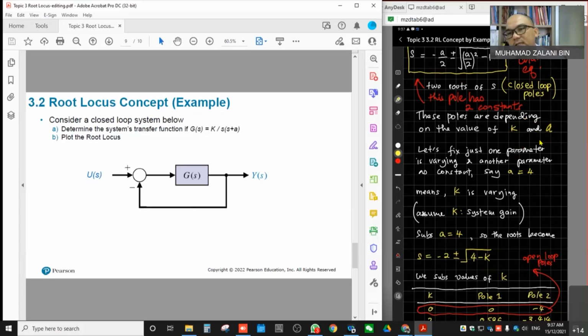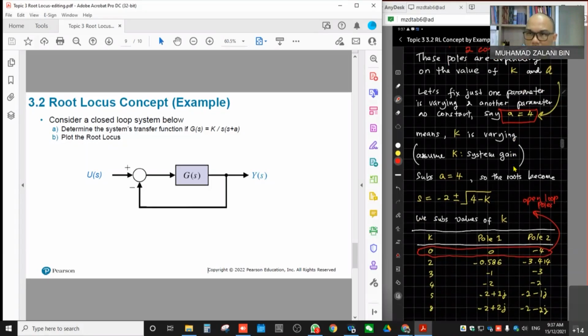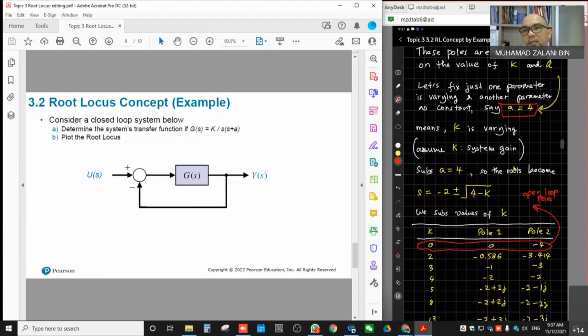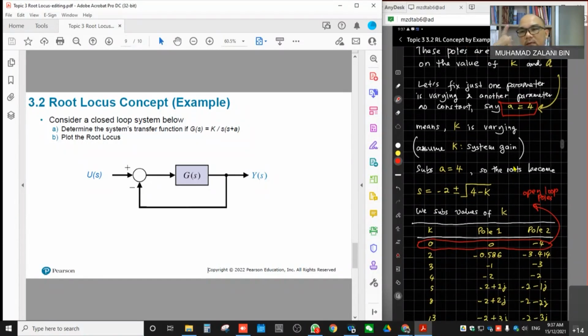Let us try to fix the value of A. Let's say we put A equal to 4. Just fix one parameter here so that for this equation we have only a single parameter.